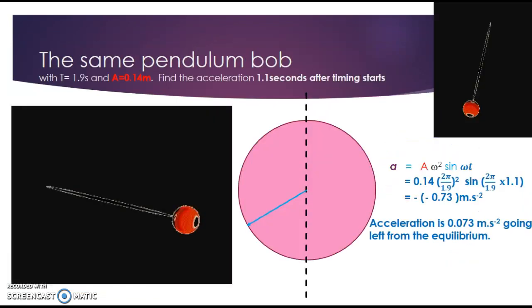If we take the same pendulum again and ask what is the acceleration after we started the timing at equilibrium, and the time was 1.1 seconds, we can calculate the acceleration. Again, make sure your calculator is in radians, check that you're getting the same answer, and we need to interpret the answer. You end up getting this value, so it's a positive value. The acceleration is therefore going left from equilibrium. It started here in the middle, gone all the way right, and it's on its way to the left side, and it is slowing down.